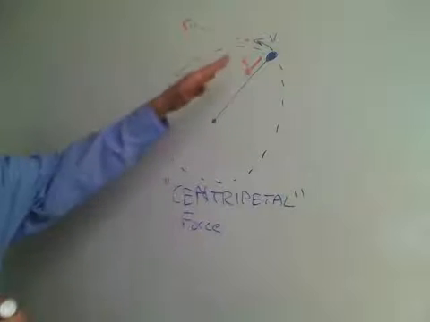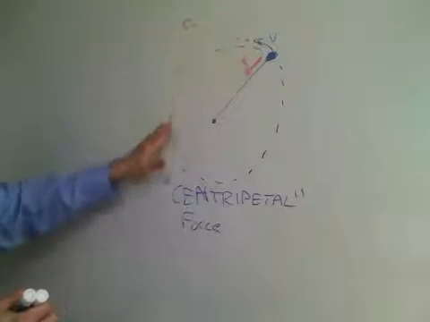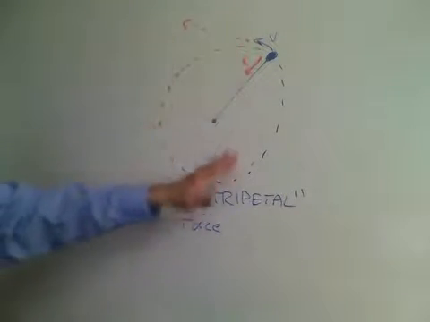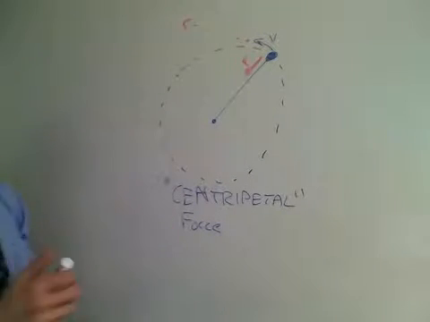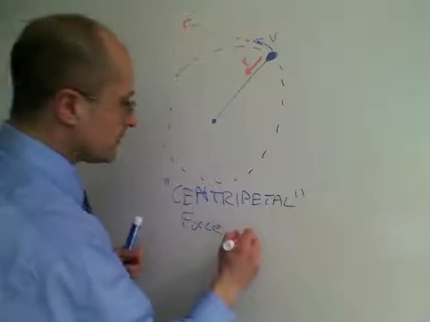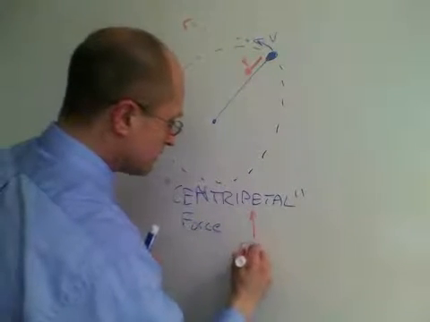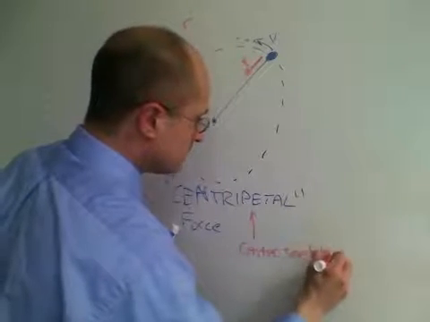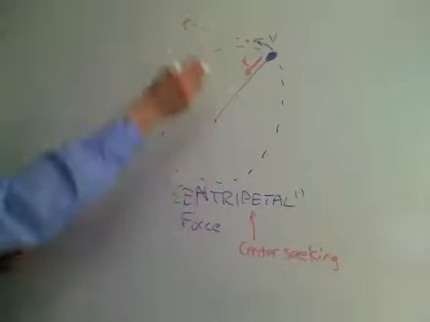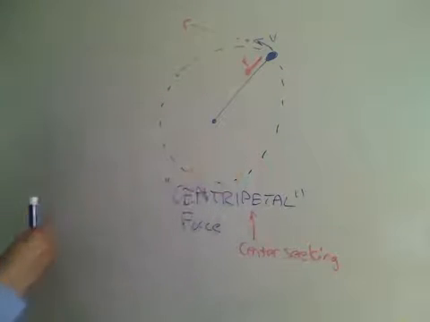Well, the sun's gravity supplies the force that holds the Earth in that circular motion. So this centripetal force, and centripetal means center seeking, is essentially just any force that causes your object to move in a circular fashion.